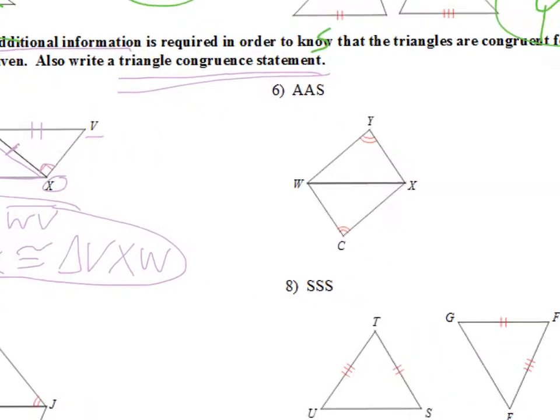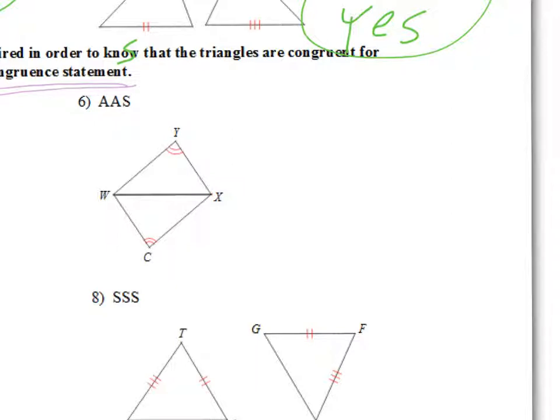Okay, number 6. We were proving this with angle, angle, side. Remember, they share this side, so that's going to be congruent. We need one more angle because we have an angle. Let's go ahead and say that this angle has to be congruent to this angle, since that would be a corresponding angle for it. Be careful what we say here, because we can't say angle X if we're talking about this angle, because that could be several different angles.